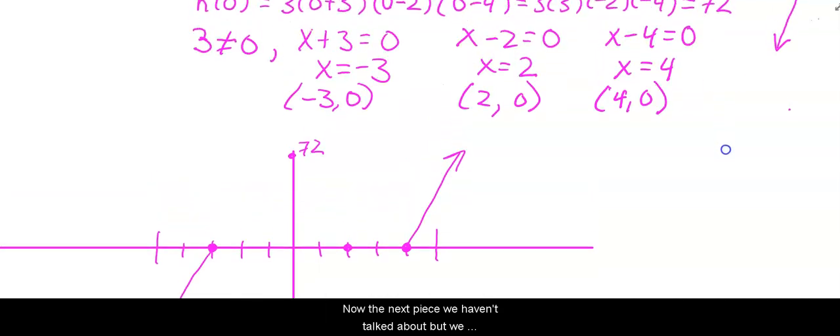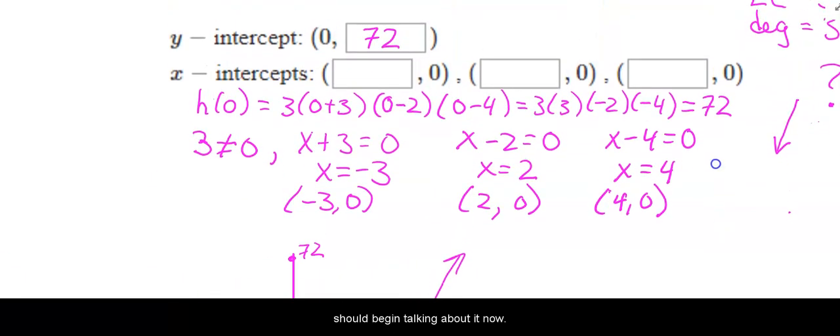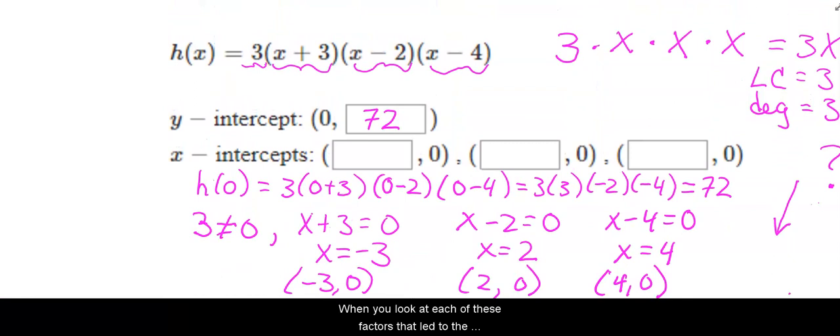Now the next piece we haven't talked about, but we should begin talking about it now. When you look at each of these factors that led to the x-intercepts, do you see that they're all essentially raised to the first power? The power indicates whether it will cross over the x-axis at that point or bounce off of it and stay on the same side.